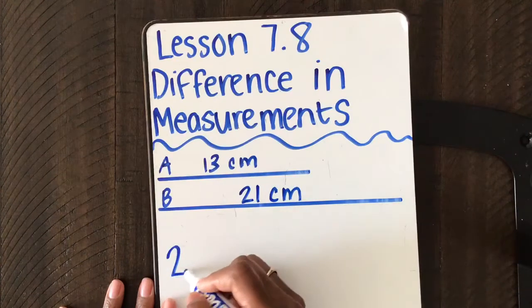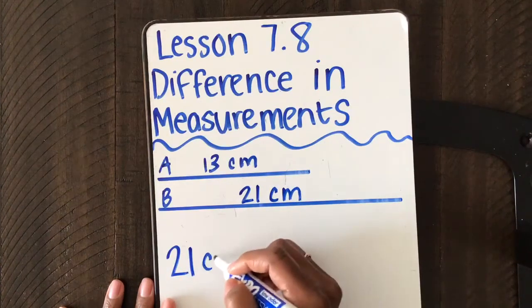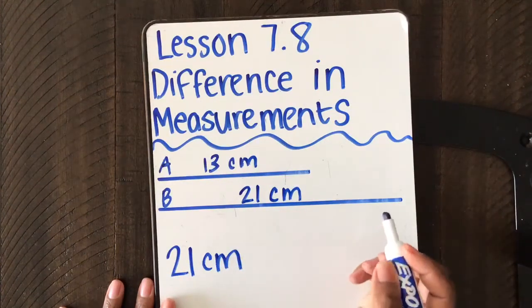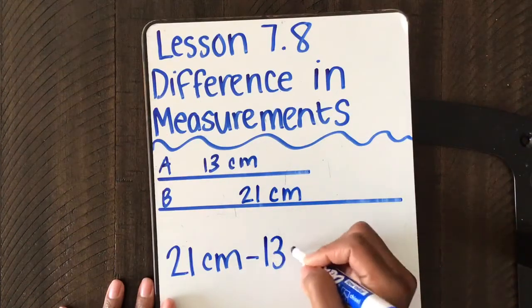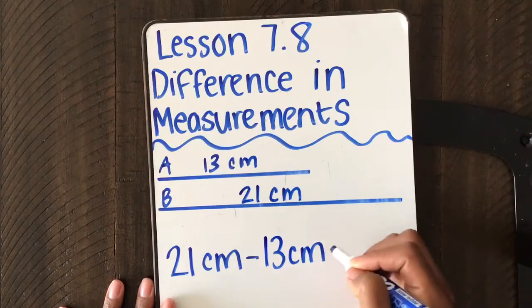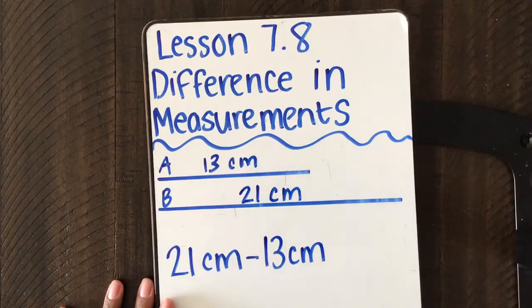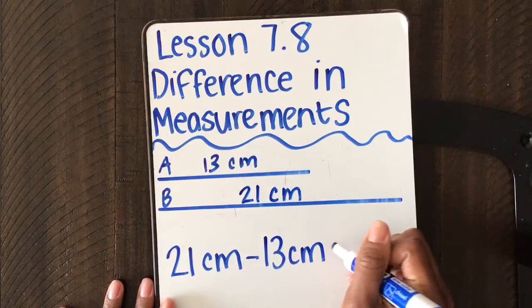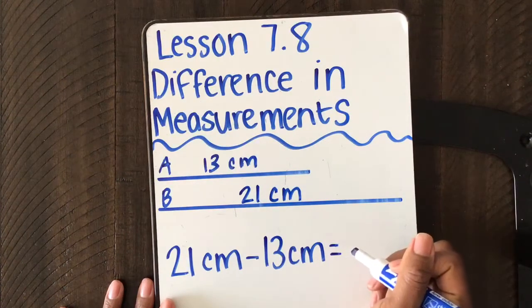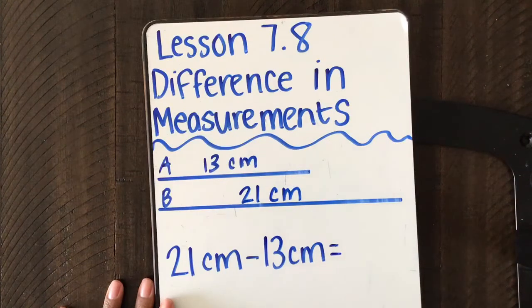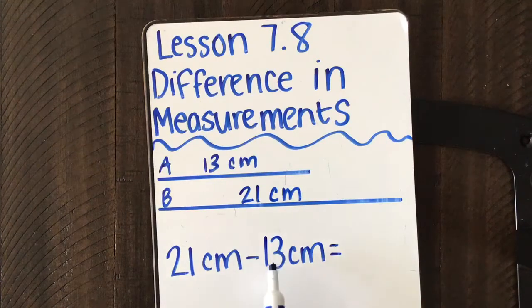So I write 21 centimeters minus 13 centimeters equals. So 21 minus 13 is what I'm trying to figure out.